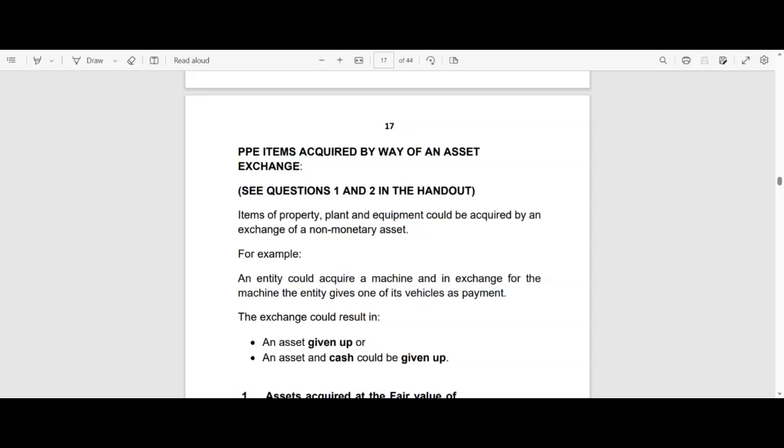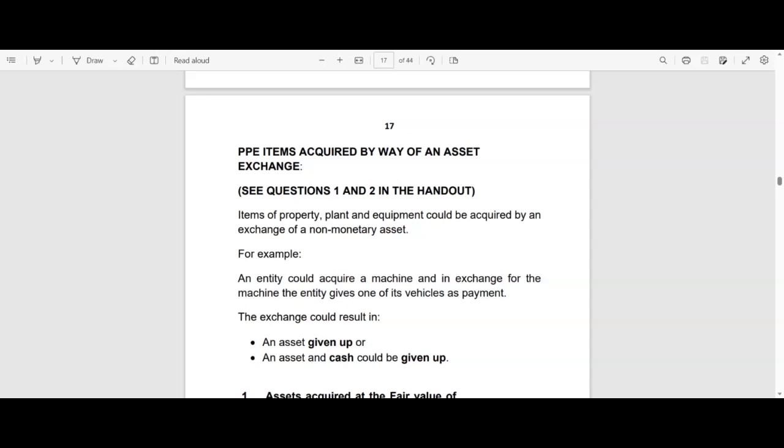So we must take out the accumulated depreciation that we've written off until the day that we are using this motor vehicle as a partial payment, as a trade-in, out of that account. Because it has a credit balance, we now need to debit motor vehicles colon accumulated depreciation. Right. So those are our first two steps.